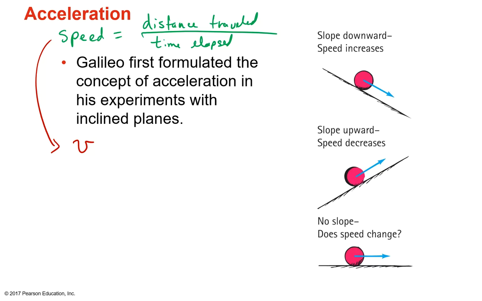So what do we call something that has a size and a direction? What do we call something with both a magnitude, a size, and a direction? It's a vector.